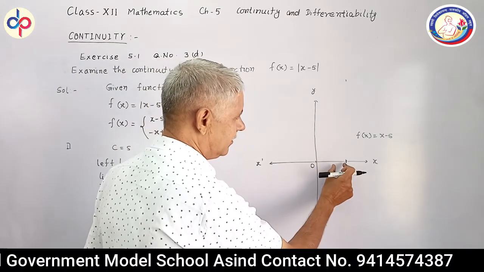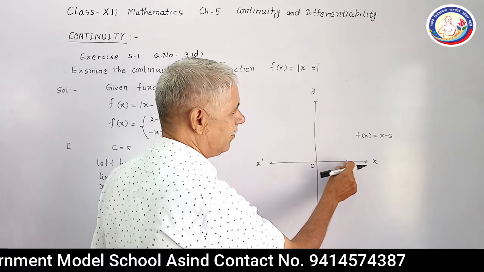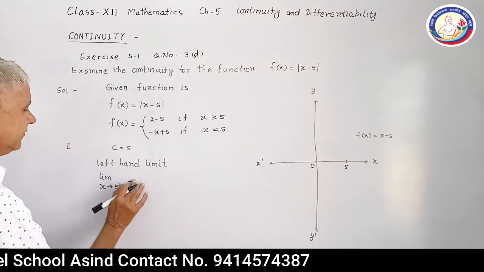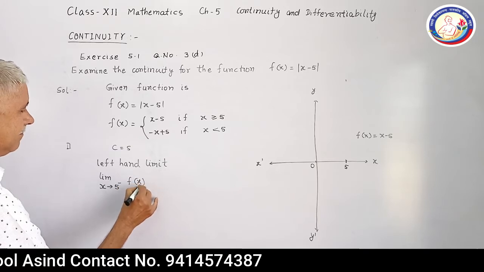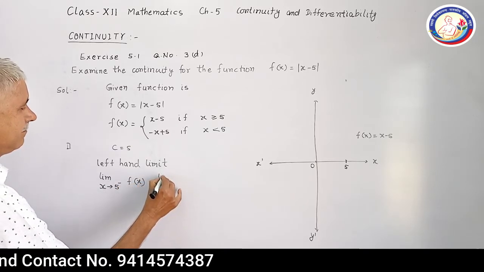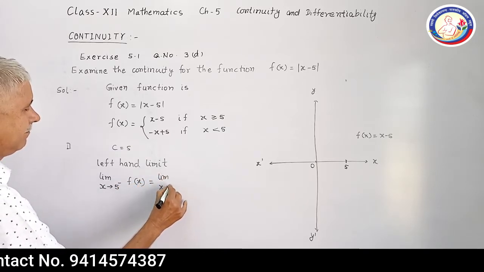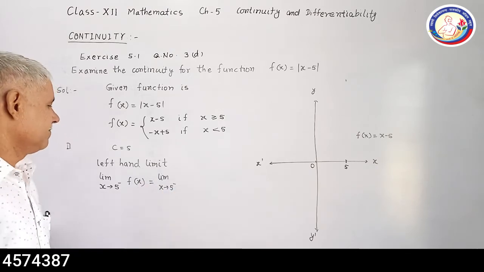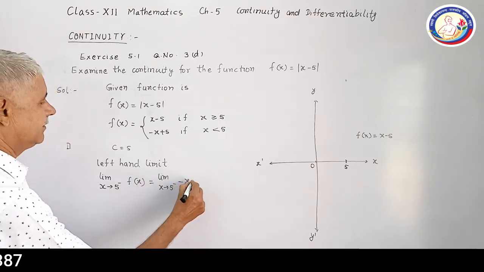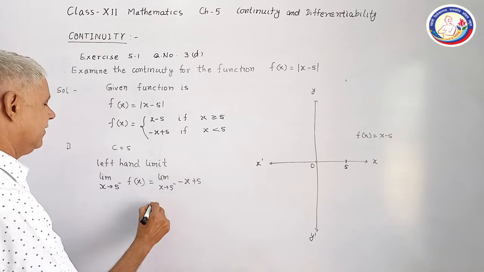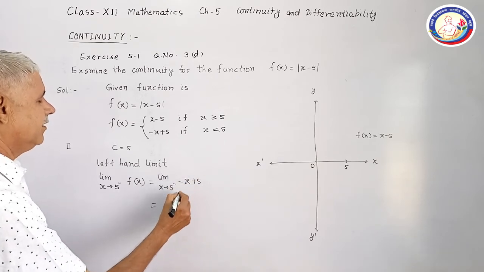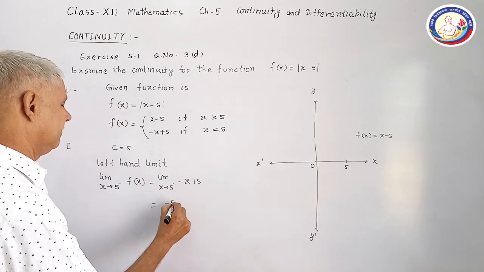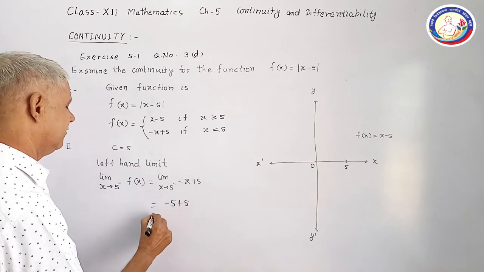What is the nature of the function, or what is the function before x equal to 5? It is minus x plus 5. If we put this value here, we will get minus 5 plus 5, that is equal to 0.